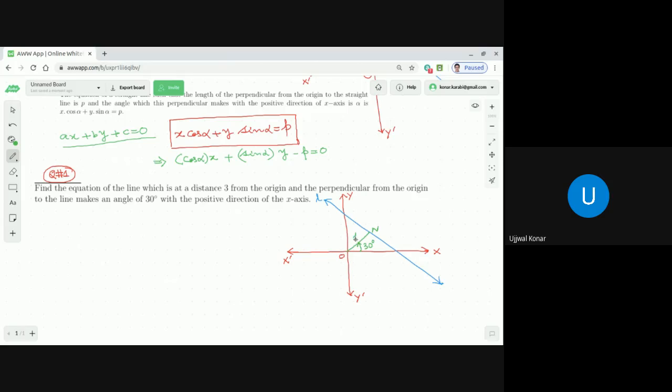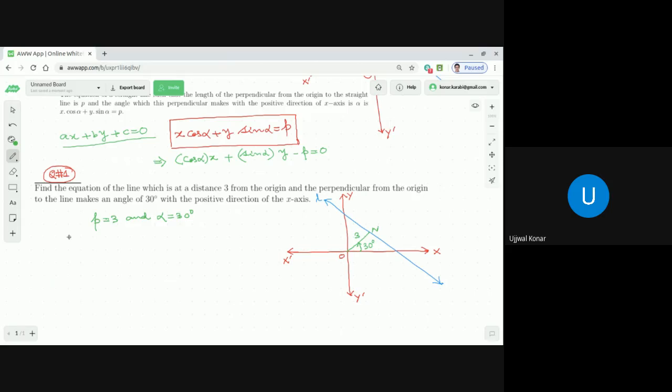And ON, which is known as P, is given as 3. So in context to our question, we get P is equal to 3 and alpha is equal to 30 degrees.